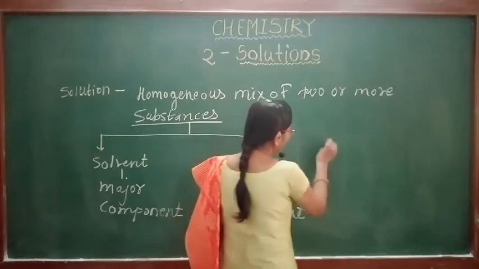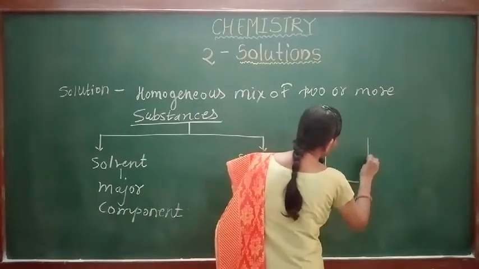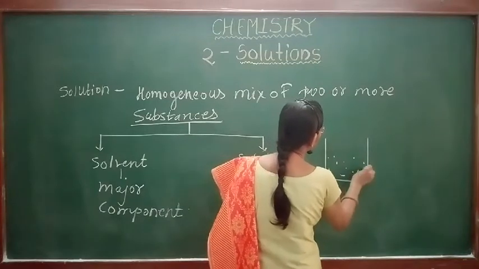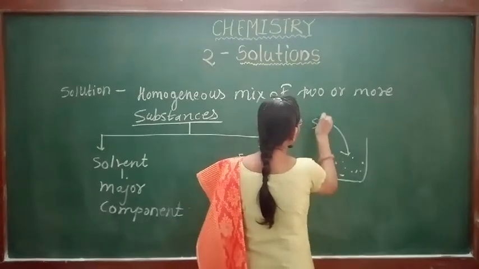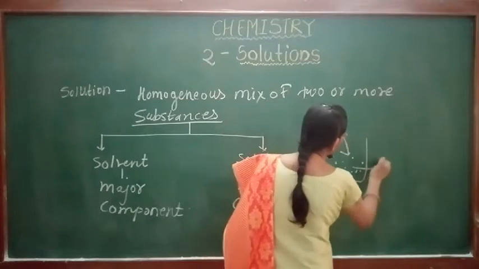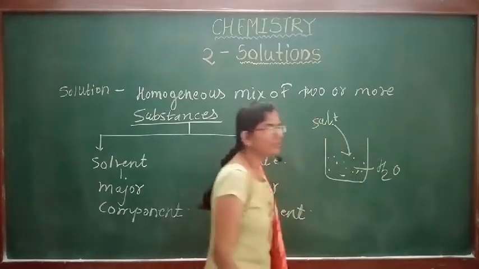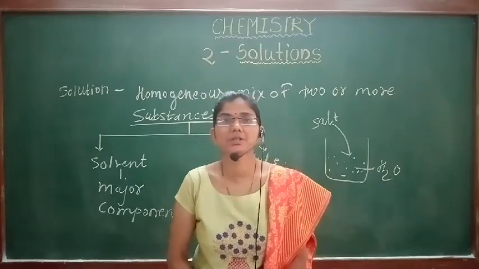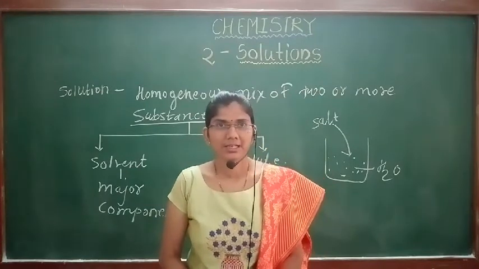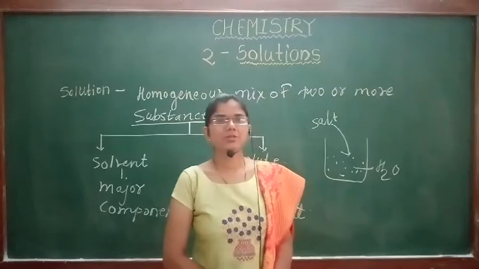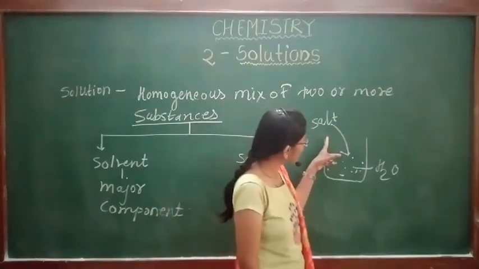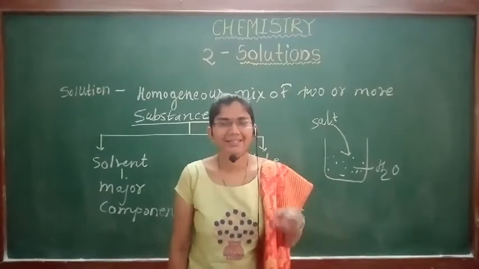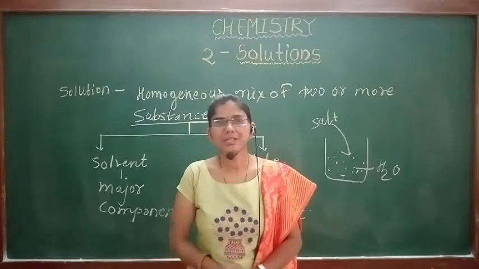For example, if we consider a solution of a salt in water, if we add a salt in water, then it forms a homogeneous solution. And therefore, in this solution, these two components are present: one is called a solvent, and the other is called a solute.